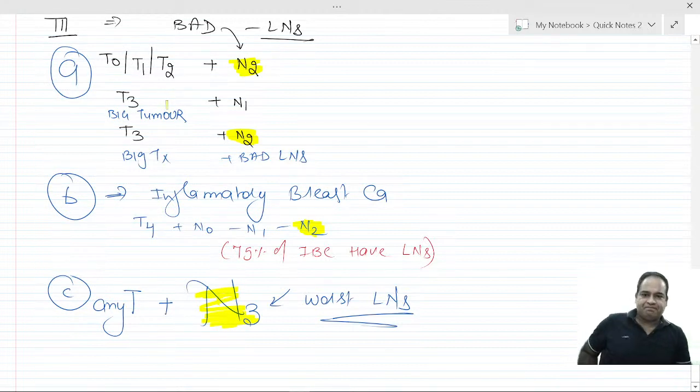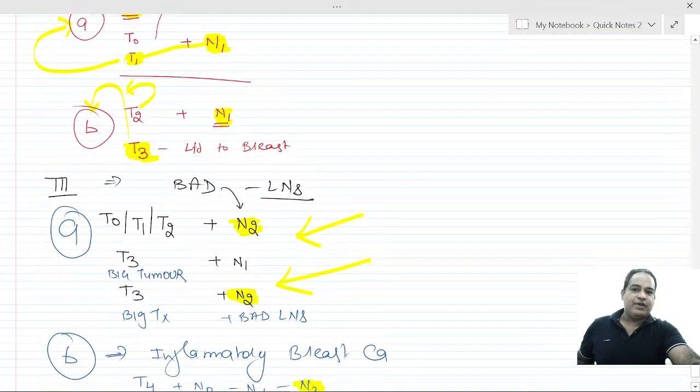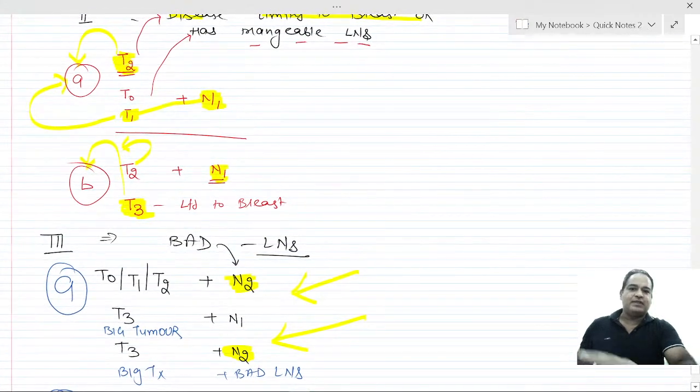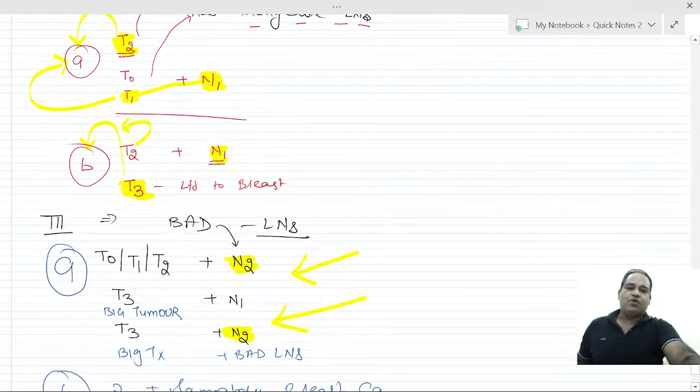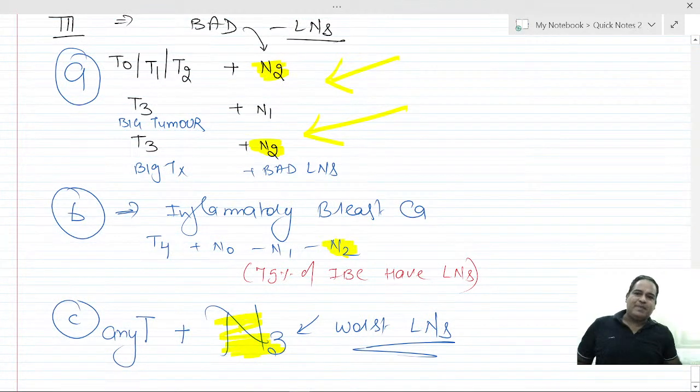So wherever you get to see N2 lymph nodes, they are not there in stage 2. They are only present in stage 3.